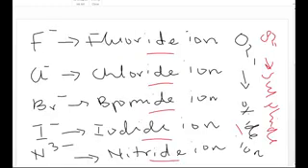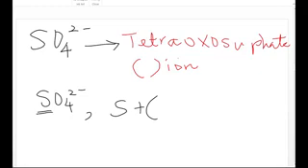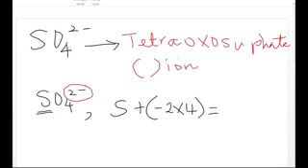The charge on oxygen is 2 minus, so I will now put minus 2 here, because that's the charge on oxygen. How many times does oxygen appear? Oxygen appears 4 times, so times 4. Are we together? Everything is now equal to the charge on this ion, which is minus 2. So everything will now be equal to what? Minus 2. Does that make any sense?